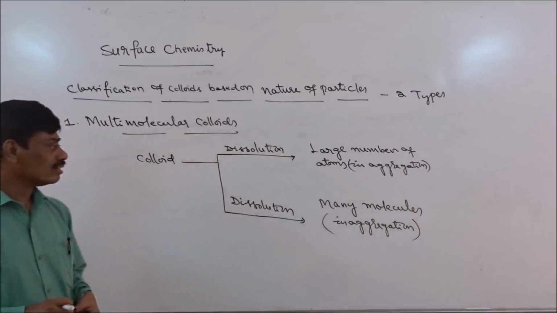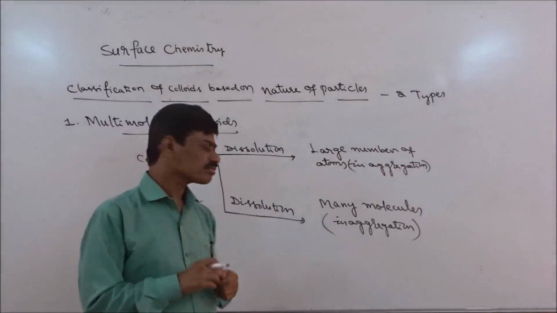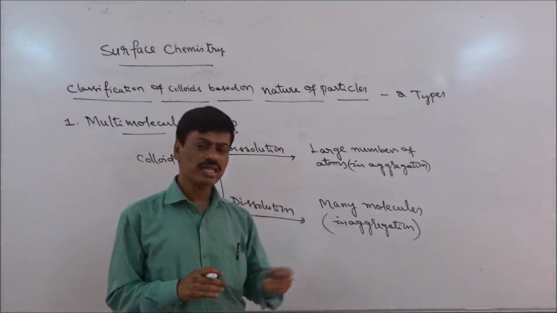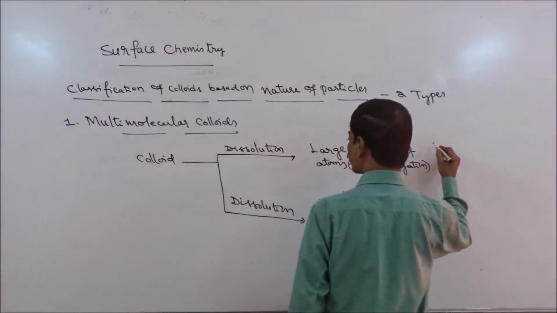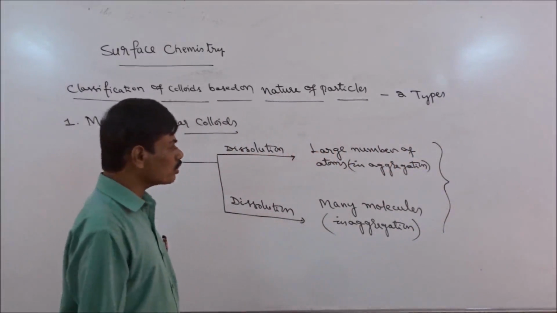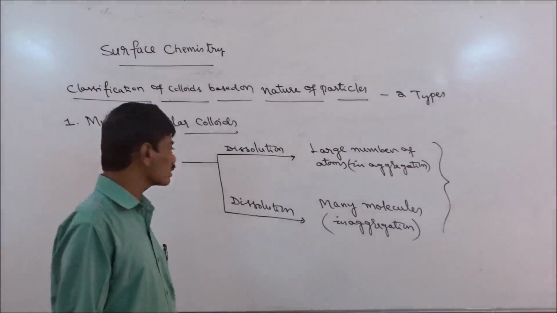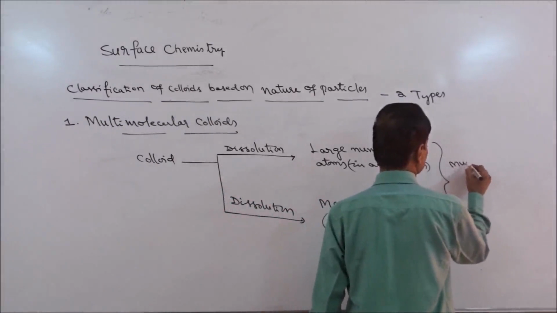So we may get either atoms in aggregation or molecules in aggregation. Such a phenomenon wherein the atoms or the molecules are obtained in aggregation is known as multimolecular colloids.